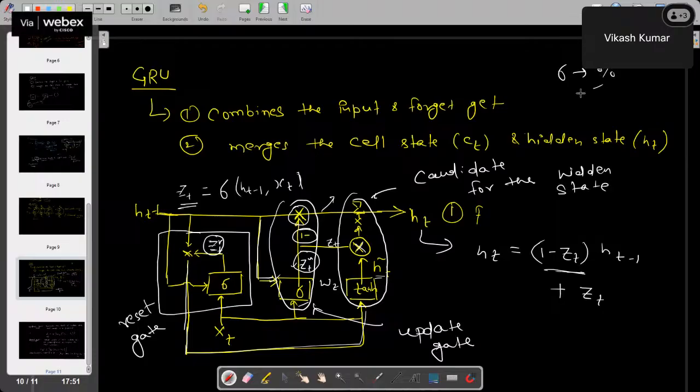If 50% has gone this side, the remaining 50% will go the other side. This is what is happening. So 1 minus zt plus zt is 100% of the information. How much proportion of information you are regulating through different routes, that is the balancing factor here. And into this, this is the h tilde.